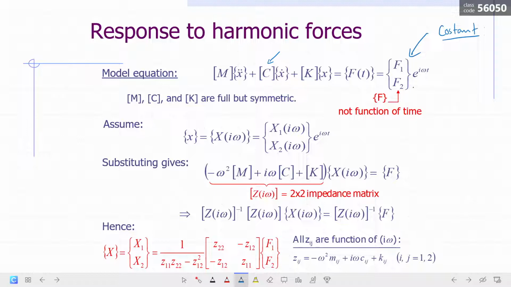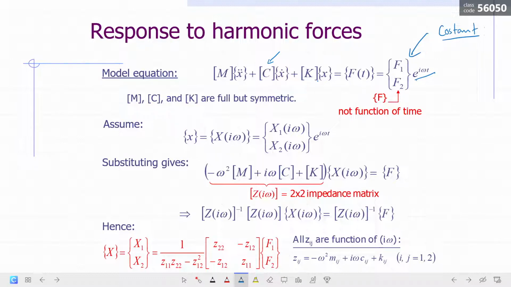But if the input force is harmonic, which means it is a trigonometric function, then you always have an oscillating solution, specifically in the particular solution, right?